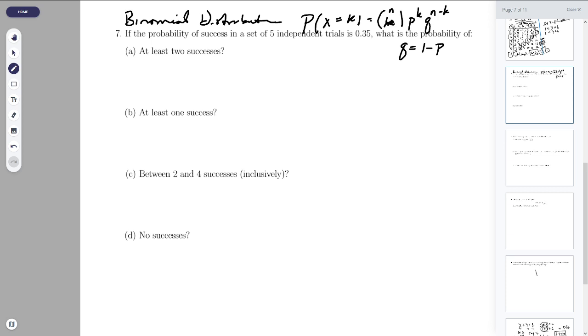If we ask what is the probability of at least 2 successes, then at least 2 in a set of 5 trials is x equal to 2, 3, 4, and 5.